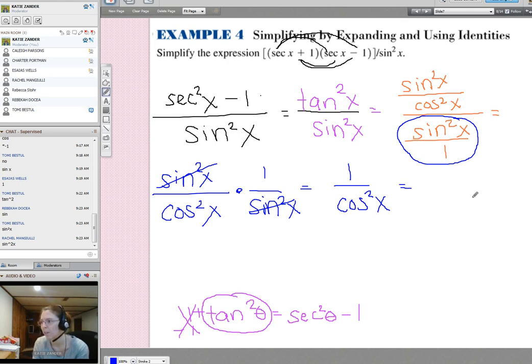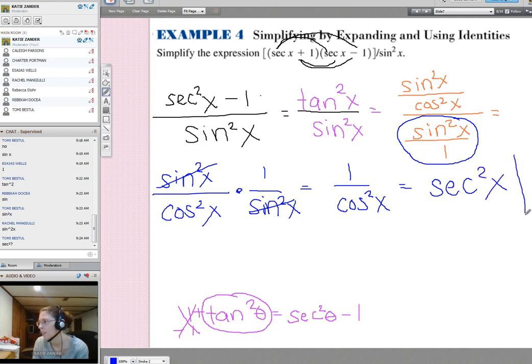Which reciprocal function was that? Secant. Yep. 1 over cosine is your secant. Awesome. So we got that all the way simplified to just a secant squared x. Phew, that was a doozy. Questions with that one?